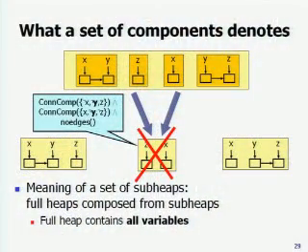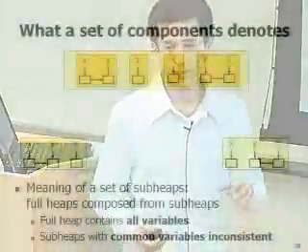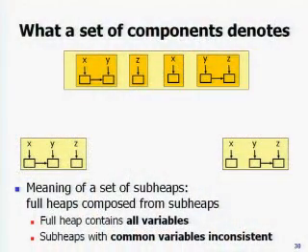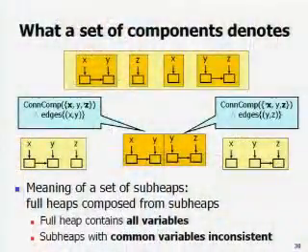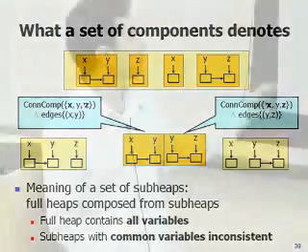And also, if I try to compose different subheaps that have variables in common, then I actually get inconsistent heaps. For example, if I take these two and try to compose them together, they're inconsistent because of the decomposition that I'm using. If we look at the logical notation, we can see it. When I compose, I actually take the conjunction of these two.